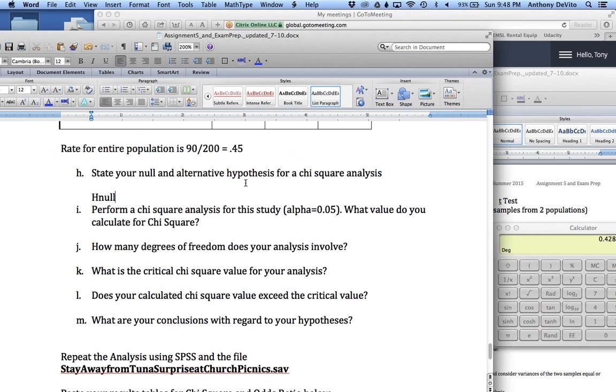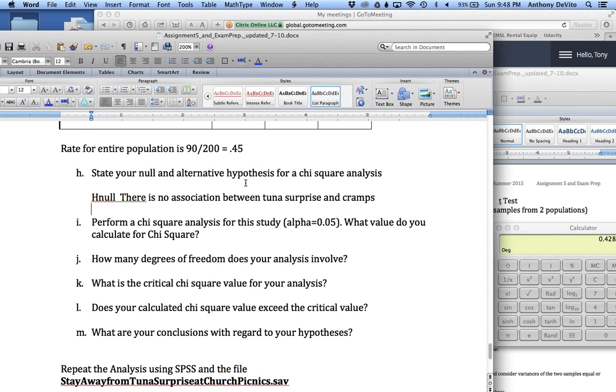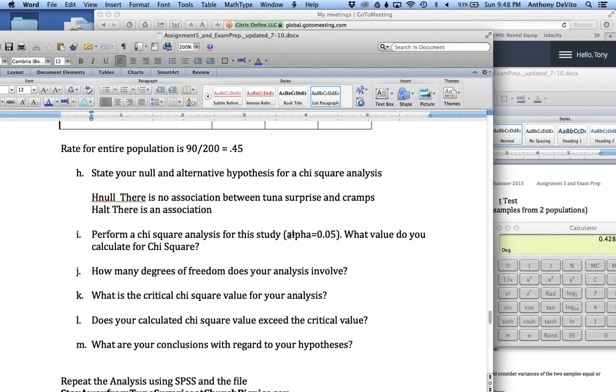This is one of the places where it's a little easier to state it in words: the null is that there is no association between tuna surprise and cramps. And the alternative is that there is an association. You're more likely to get cramps if you ate that tuna surprise.